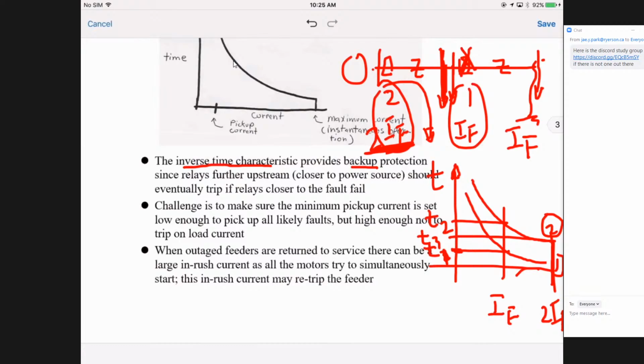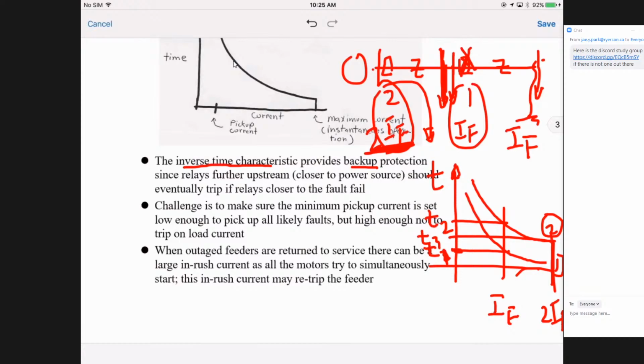We are talking about the control. The control will see the same thing, 5A, whether it's 2IF, which will be equal to 5A for circuit breaker 2 in this example. 5A for breaker 1 is 1IF, something like that.